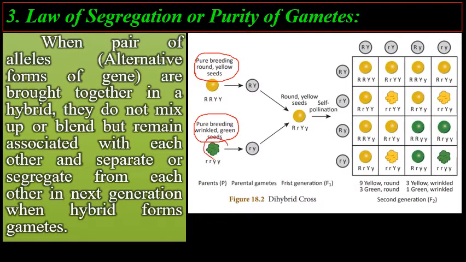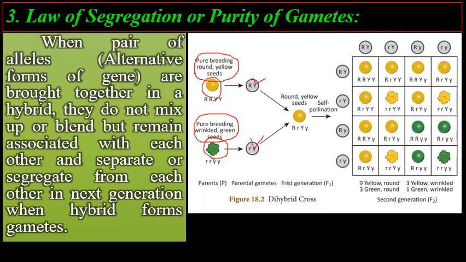The round yellow seed produces gametes capital R capital Y, and the wrinkled green produces small r small y.